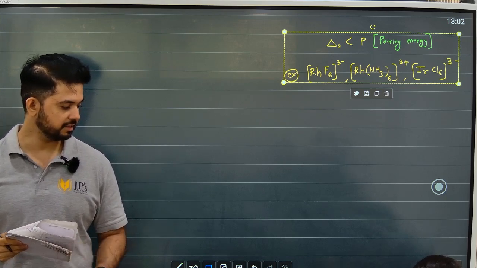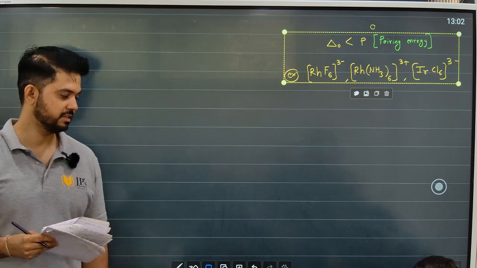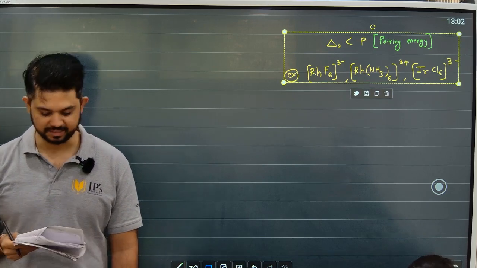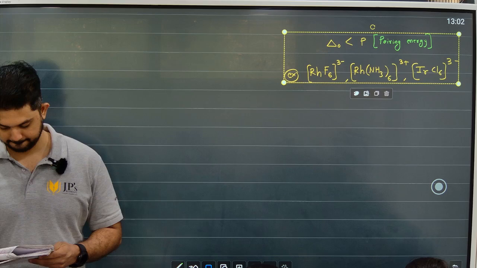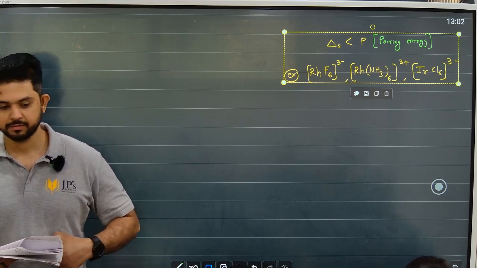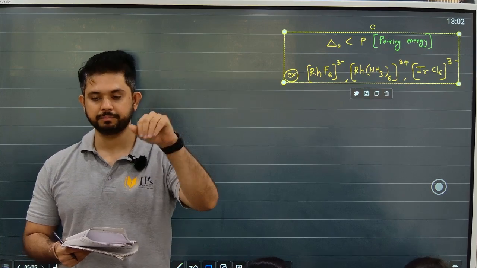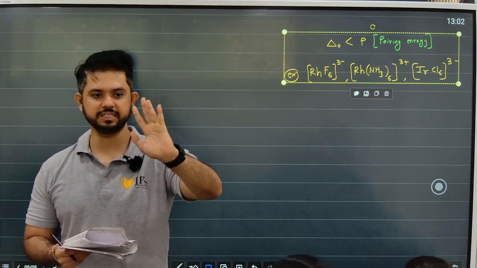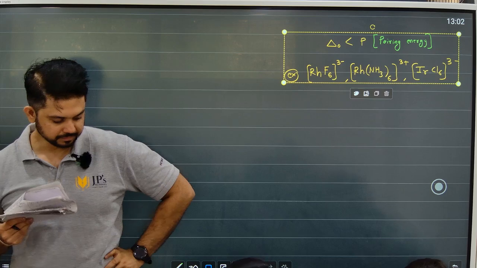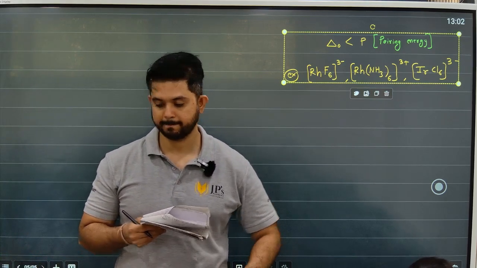In between the axis. Nice save. In between the axis. And hence who has higher energy? T2G higher energy, EG lower energy.